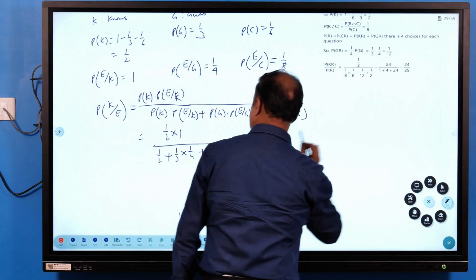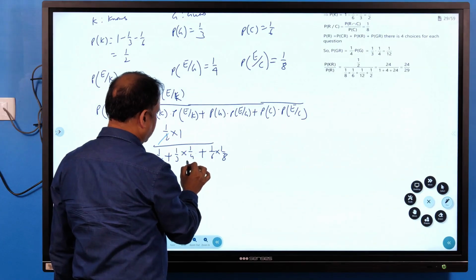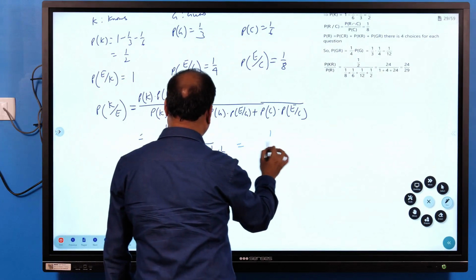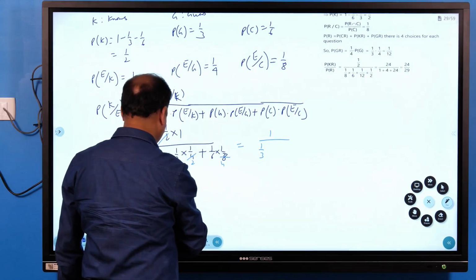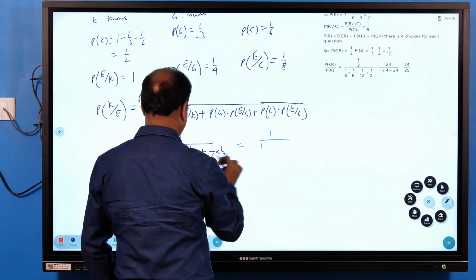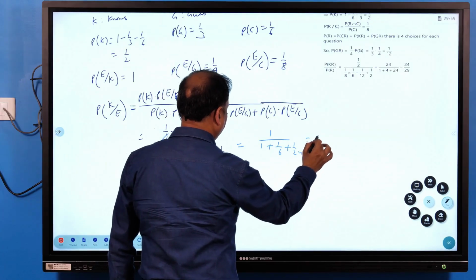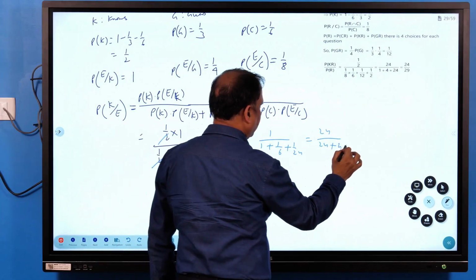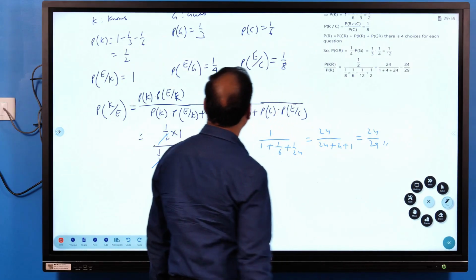This will be 1 upon 1 plus 1 upon 6 plus 1 upon 24. So 24 upon 24 plus 4 plus 1. So the answer is 24 upon 29.